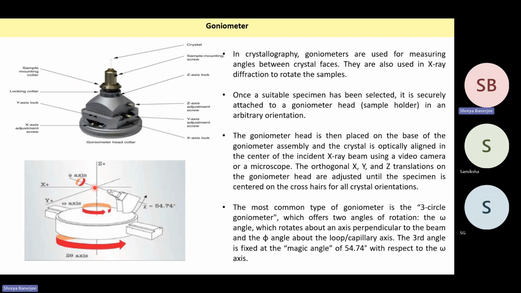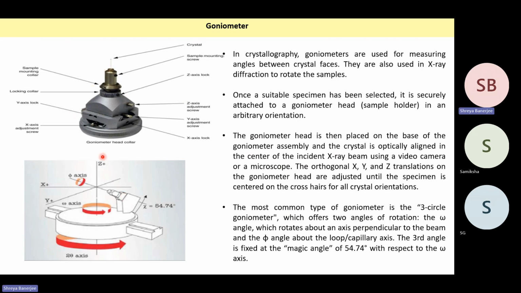Now, after freezing, it is mounted on this instrument called a goniometer. Goniometers are used for measuring angles between different crystal phases. Once the specimen has been selected and put on the loop, it is mounted. So you can see this line. This is the loop and the crystal is on the loop.